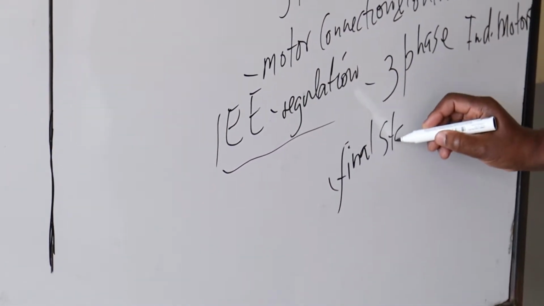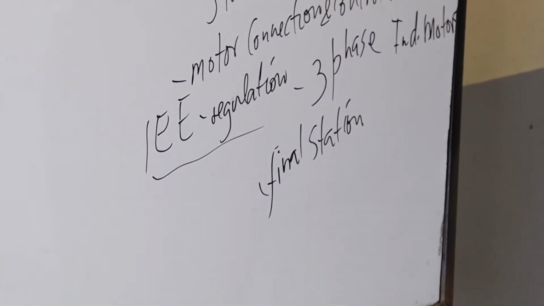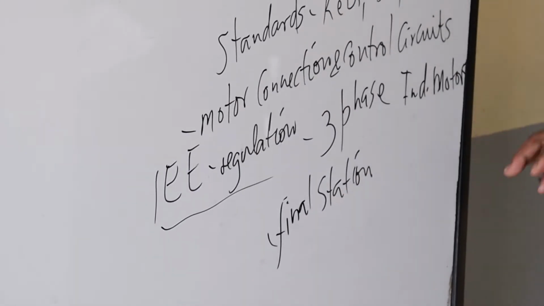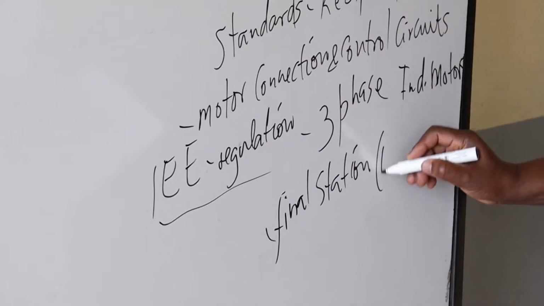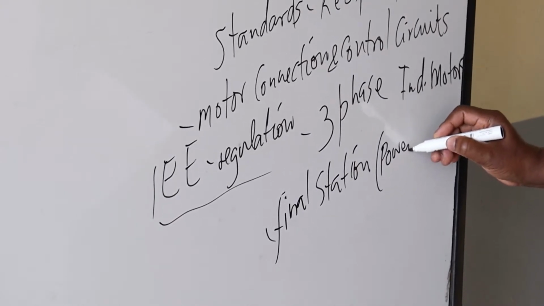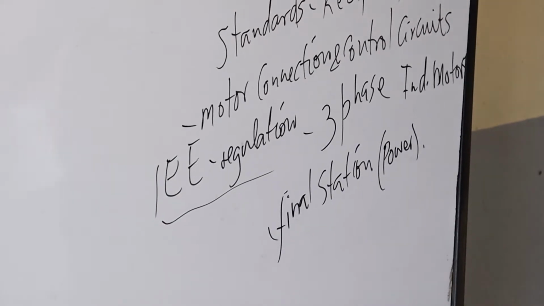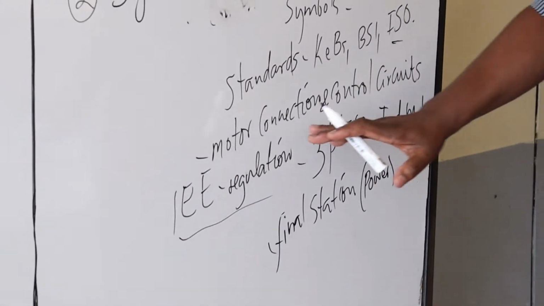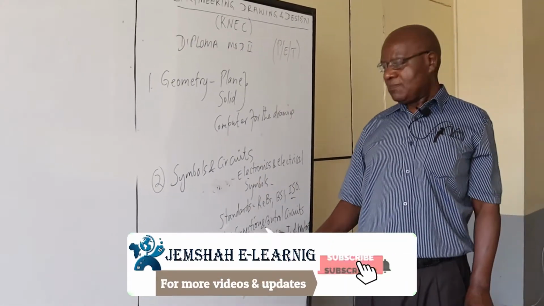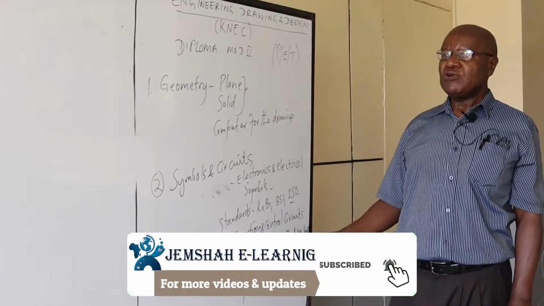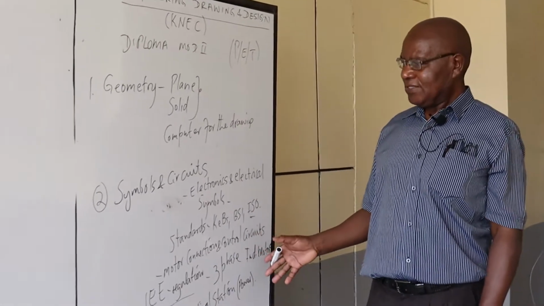From the last substation, how is power connected to your industrial or commercial workshop? After we deal with the final substation, as far as the power is concerned, we shall see how power is connected to our motors, and from there on you can go for the motor connections circuits. Now the theory about the motors, how they operate, how they are wound, that one will be covered in the electrical circuit analysis.